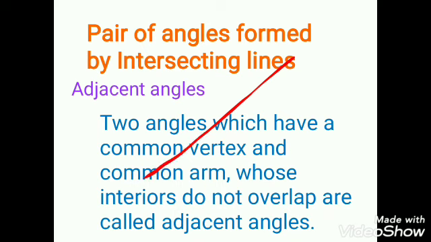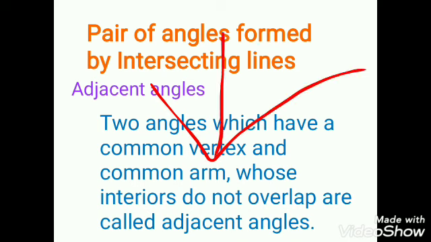Listen. Two angles which have a common vertex and common arms. So two angles. Here one angle, here another angle. This is a common vertex between two angles. And this is the common arm.